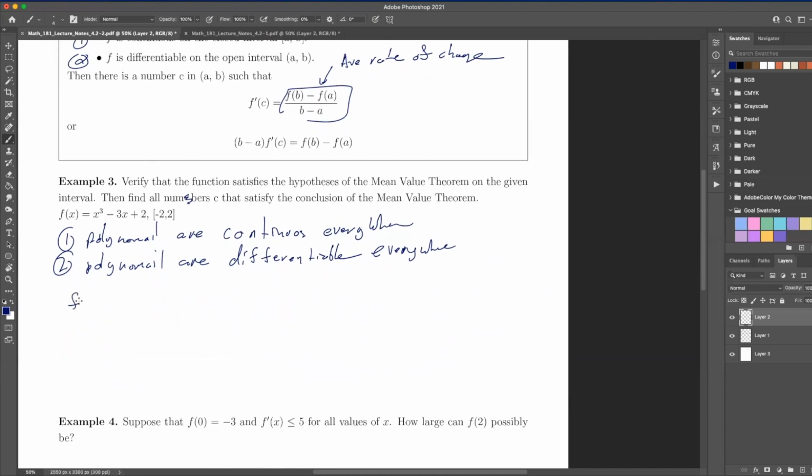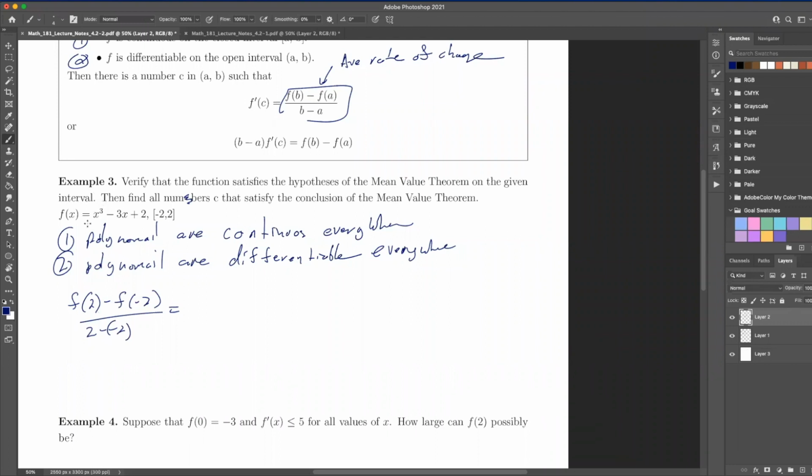So here we're going to have f of 2 minus f of minus 2 over 2 minus minus 2. So this is f of 2. If I plug in 2 into here, what do I get?